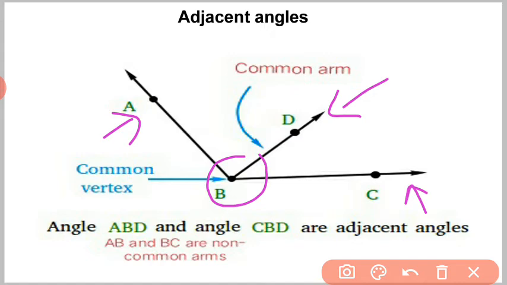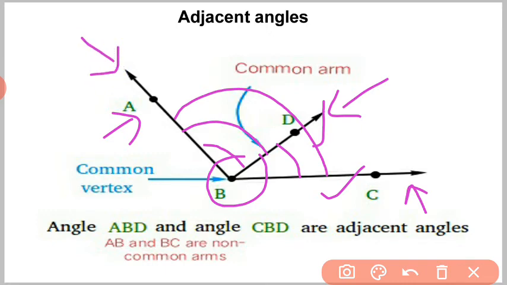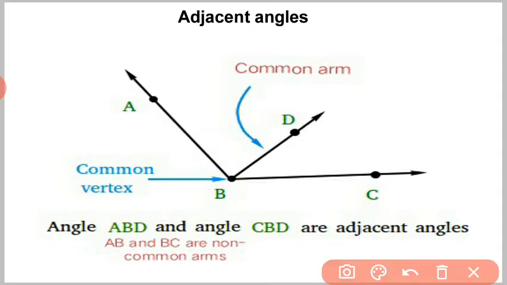Here, angle ABD and CBD are adjacent angles, but angle ABD and angle ABC are not adjacent angles as their non-common arms lie on the same side of the common arm. Here, for angle ABD and angle ABC, the two non-common arms are BD and BC, but BA is a common arm.